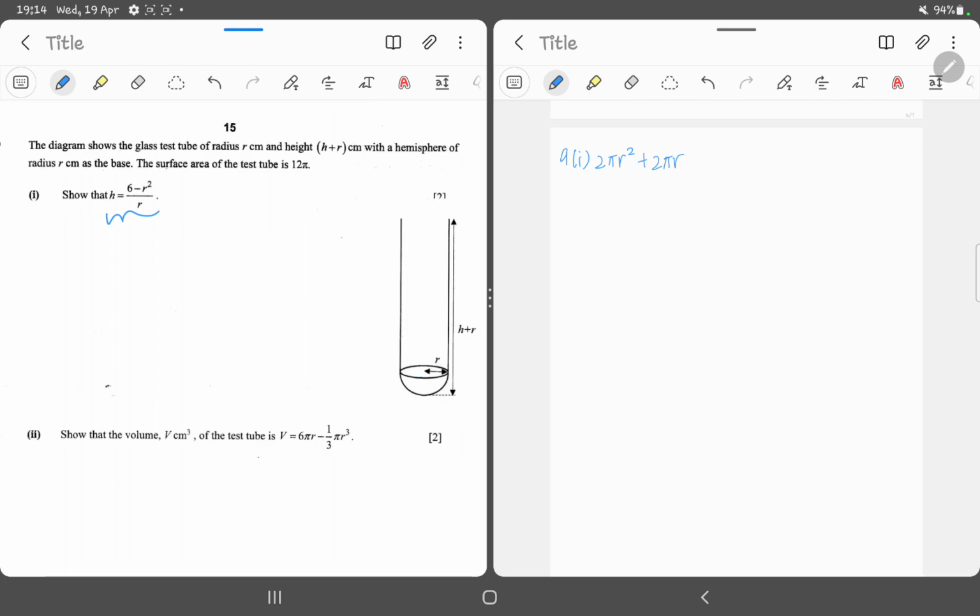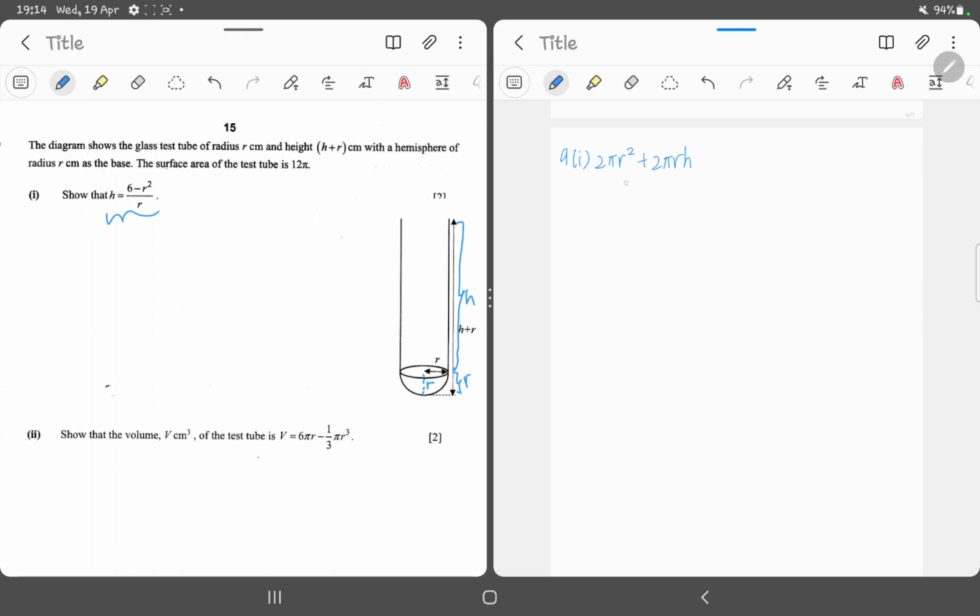Take note that the height of the cylinder is h, because the total height is h plus r, minus the r of the hemisphere. So it's 2 pi r h.